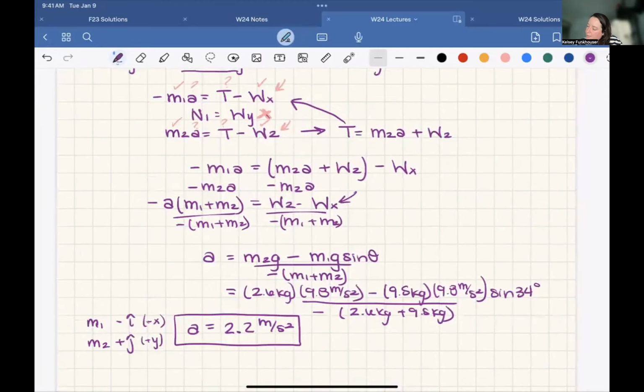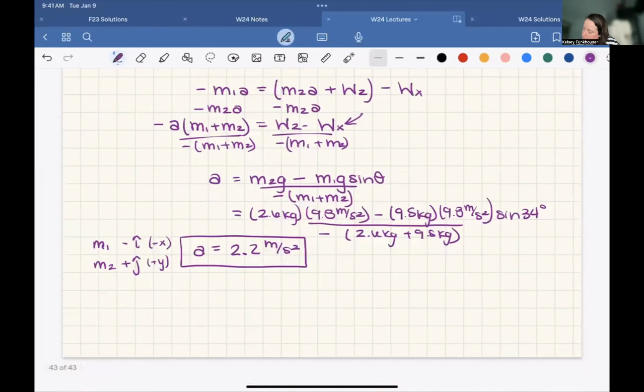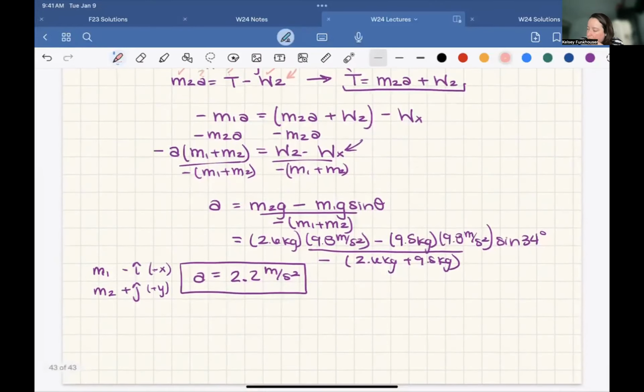Okay, so we have the acceleration, but it also asks for the tension, but we solved an equation for the tension, and now we have the acceleration. We can just plug it in. I'm going to try and fit it at the bottom just so that everything's on the same page.